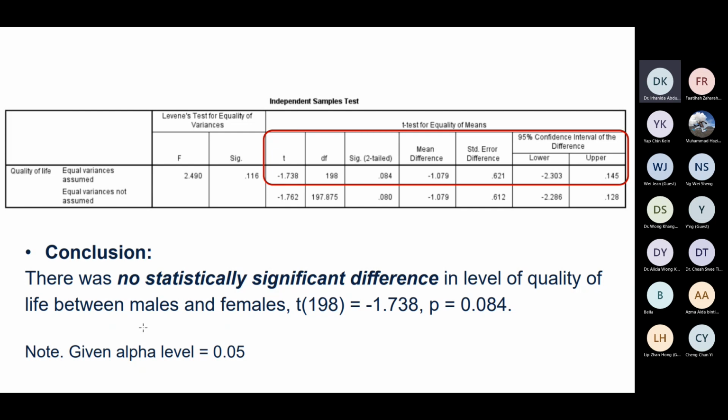The most important thing that we want to see here, always in statistics, is the sig level. So when it's more than 0.05, it shows us that there is no significant difference. No difference.